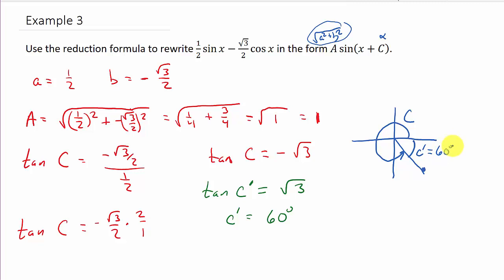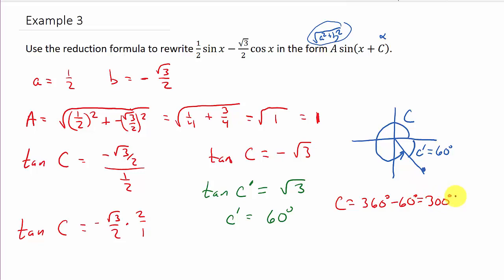60 degrees. Well, what is C? C is equal to 360 minus the reference angle. 360 minus 60, which is 300 degrees.